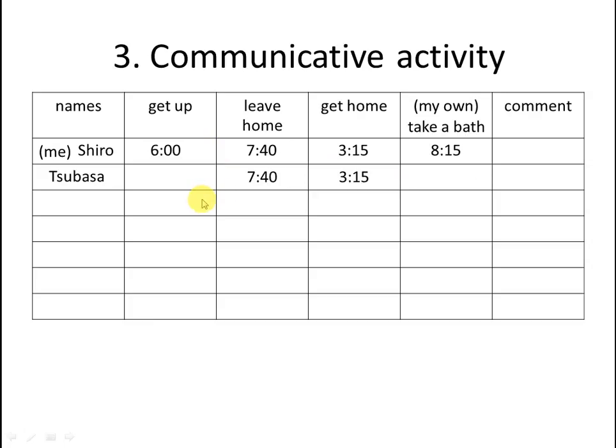So I go to Tsubasa and ask him, what time do you get up? And Tsubasa says, I get up at 6 o'clock. Wow, same time. And I also ask Tsubasa, what time do you take a bath? And he says 9 o'clock.